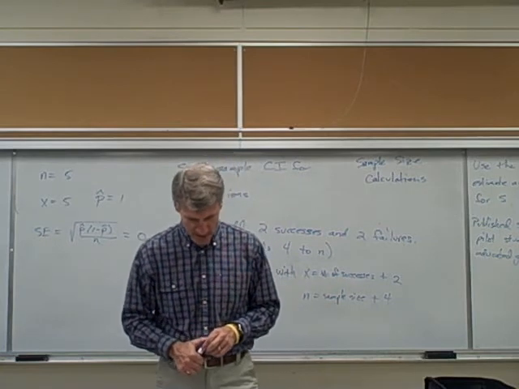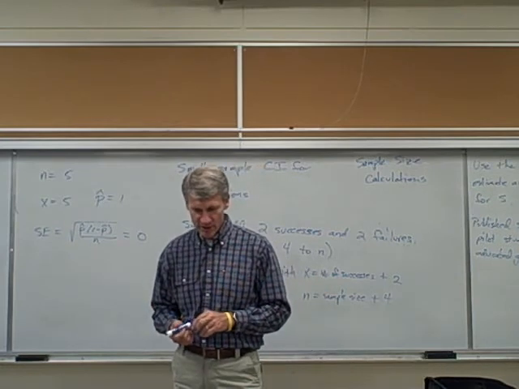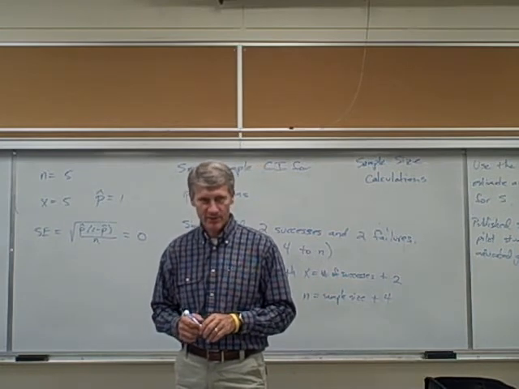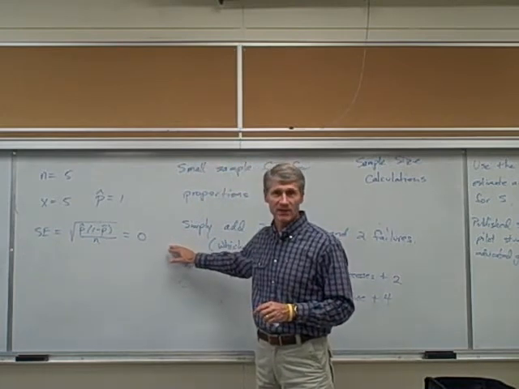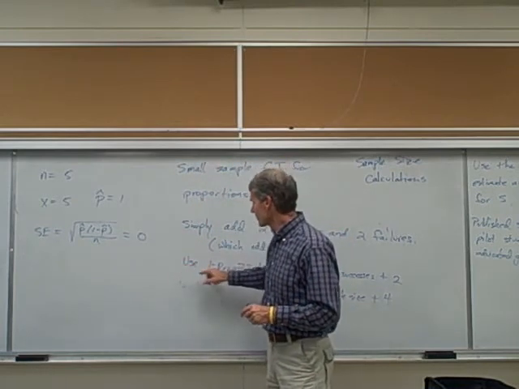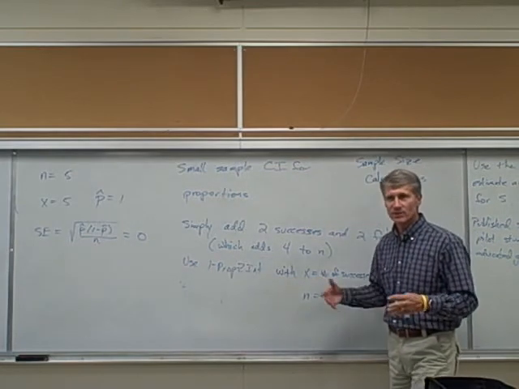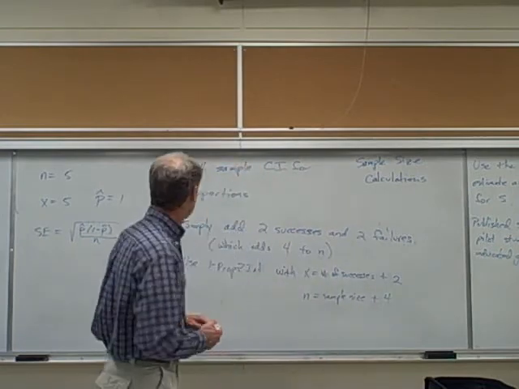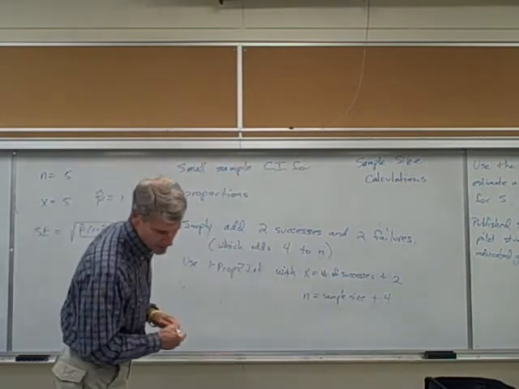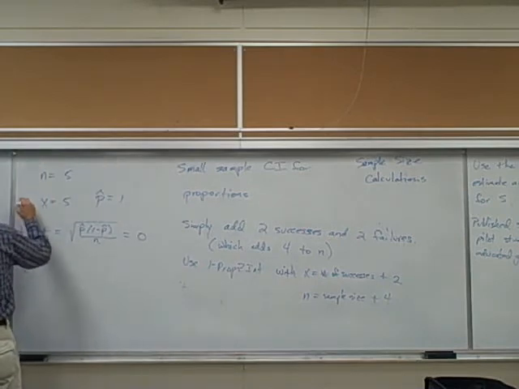No. Part C, find a 95% confidence interval using the large sample formula. So in other words, ignore the 15 successes, 15 failure problem. Just use one prop z int, use x equal 5, n equal 5, see what you get. So that's part C. I'm just going to rely on you guys to give me that answer.